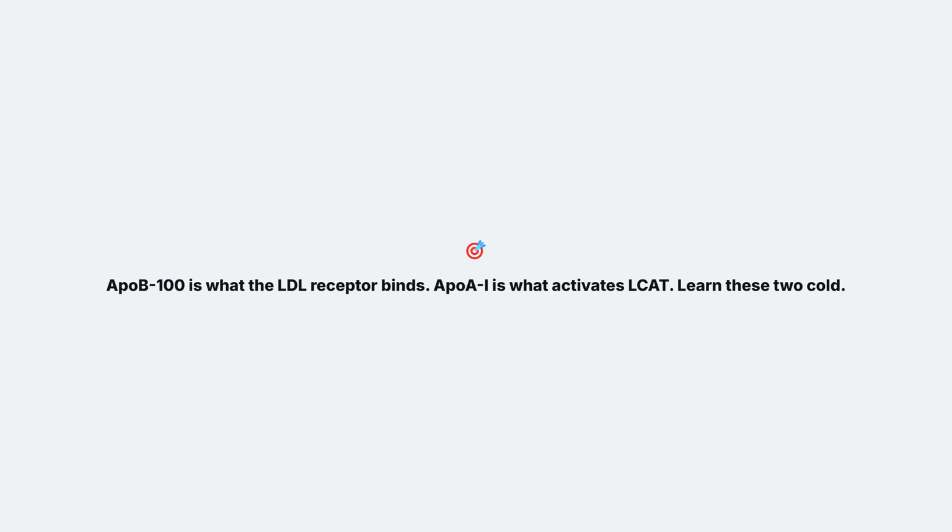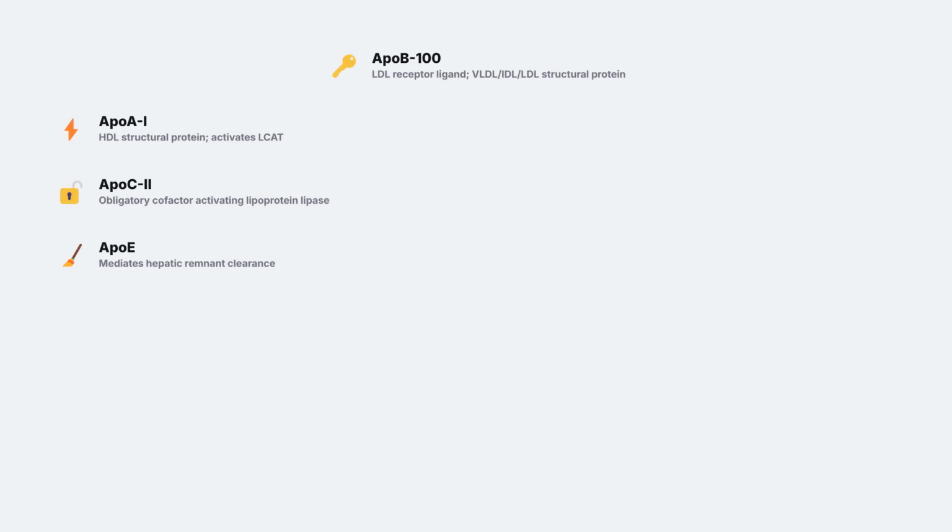ApoB-100 is the structural backbone of VLDL, IDL, and LDL, and it's the ligand the LDL receptor actually binds. ApoA-I is HDL's main structural protein and activates LCAT. The other two high-yield apolipoproteins: ApoC-II, the obligatory cofactor that activates lipoprotein lipase to hydrolyze triglycerides, and ApoE, which mediates hepatic clearance of chylomicron and VLDL remnants via receptor recognition.